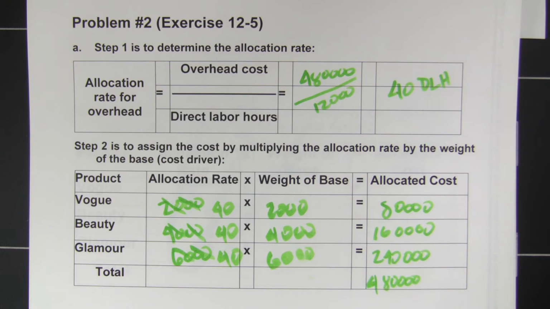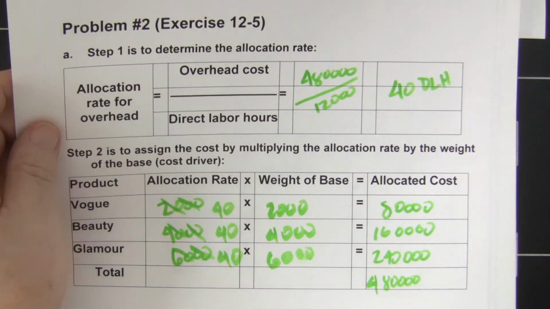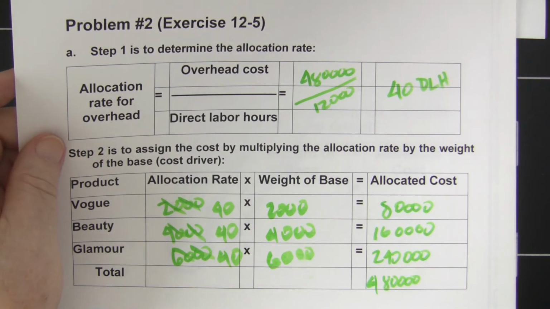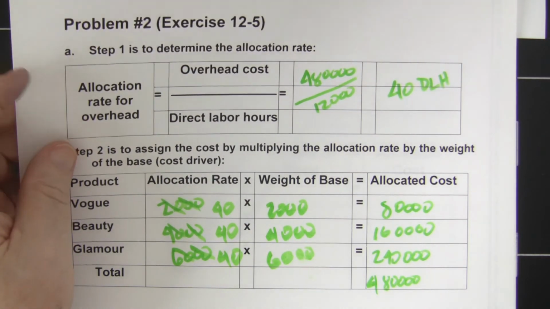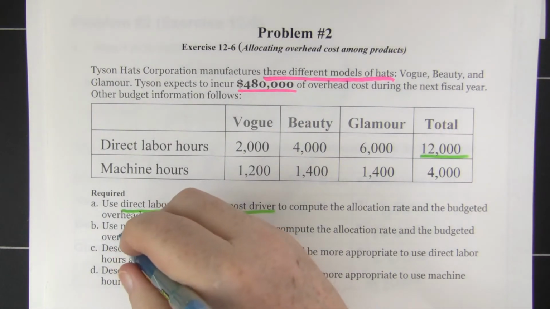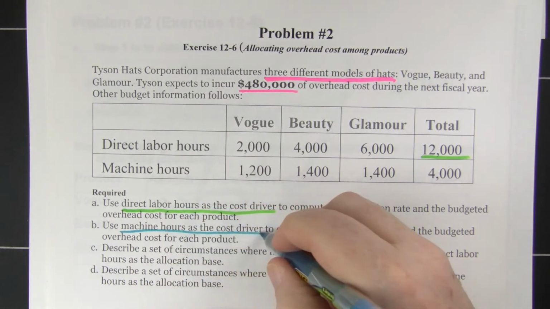But Charlie down in bookkeeping says, yeah, but we could also use something else. Why don't we use, I don't know, let's try using machine hours, because every hat has to be made on the machine.